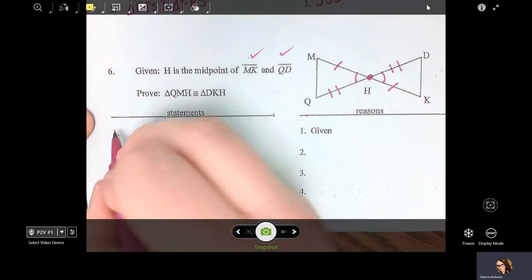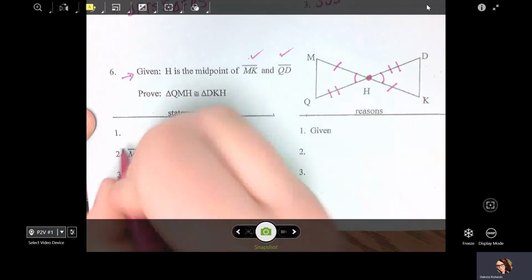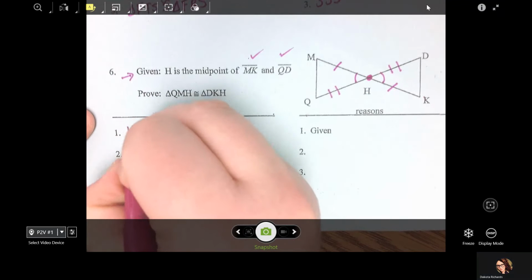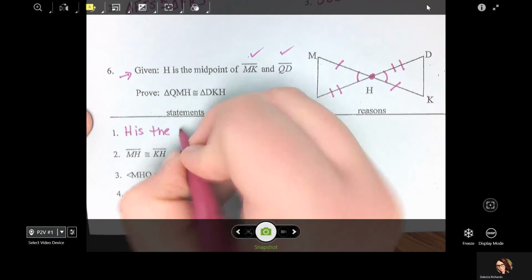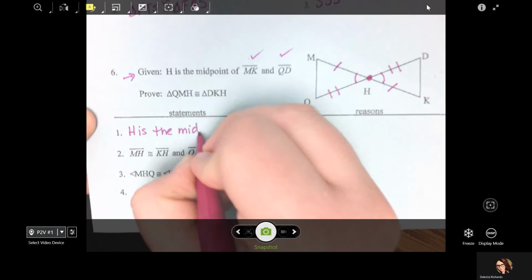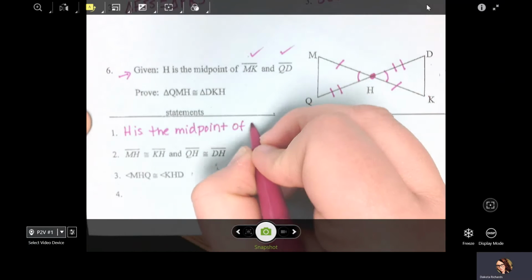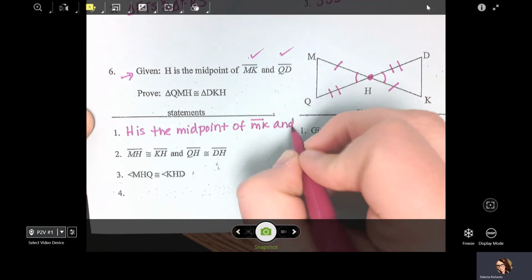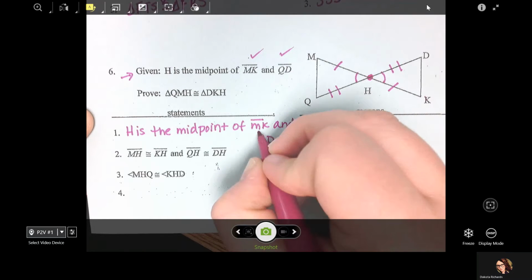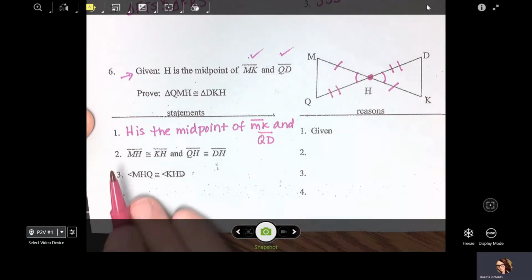Okay. So statement number 1 is always what you are given. So just copy that in. H is the midpoint of MK and QD. And that's our given statement.